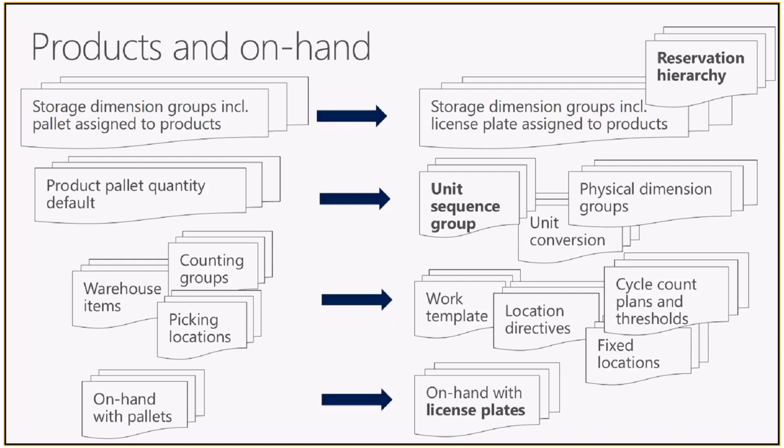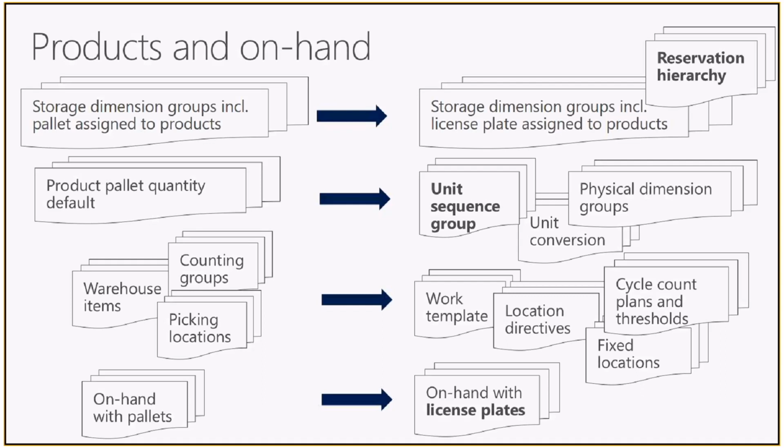And if you're running with the pallet dimension as an active dimension when migrating, and you want the same conceptual behavior, you would need to associate a new storage dimension group where we have the license plate enabled. And in order to get the license plate, you'll also get the inventory status, which is a new inventory dimension, when you use warehouse management processes on your storage dimension group.